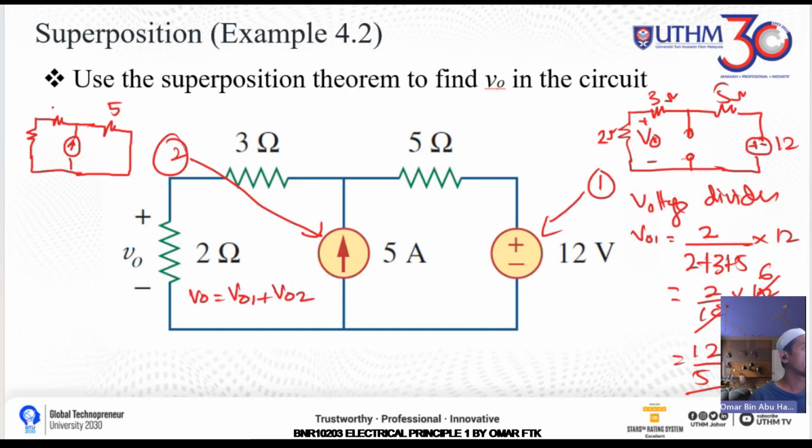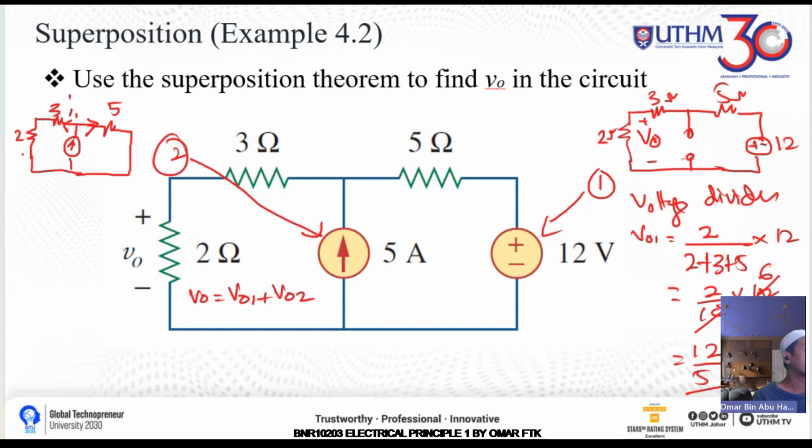This is 5, this is 3, this is 2. Actually 5. Then you want to find the value for this. I think you cannot use a voltage divider here, but you can use a current divider to find the current I1.